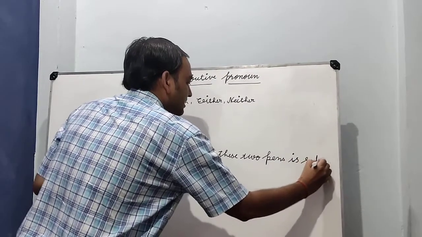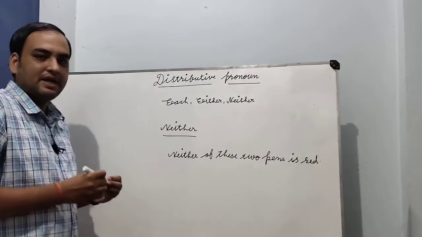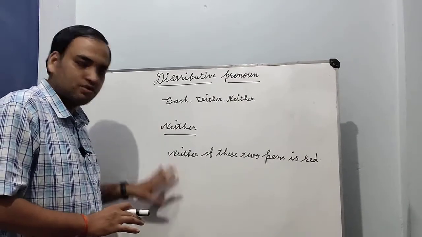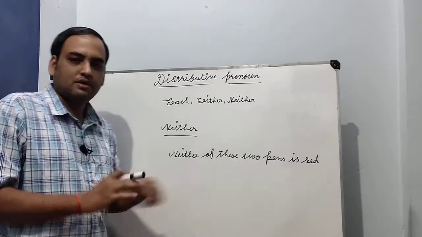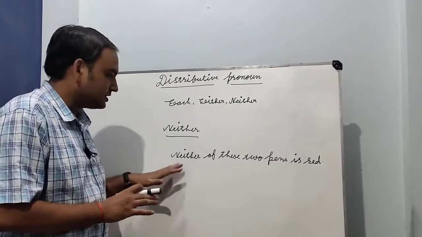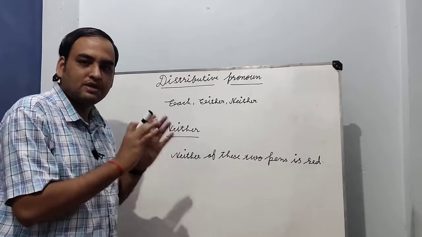It means that neither of the two pens is red. This neither is also used for 2 persons, 2 things or 2 components. We cannot use this neither for more than 2 persons or things.